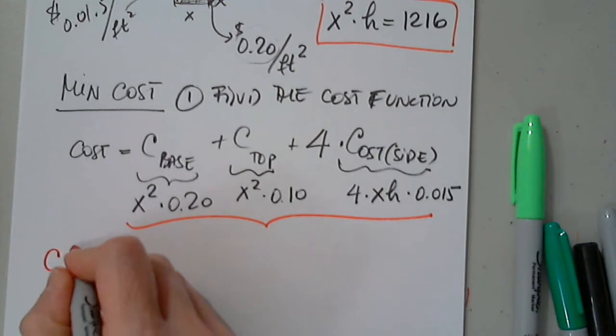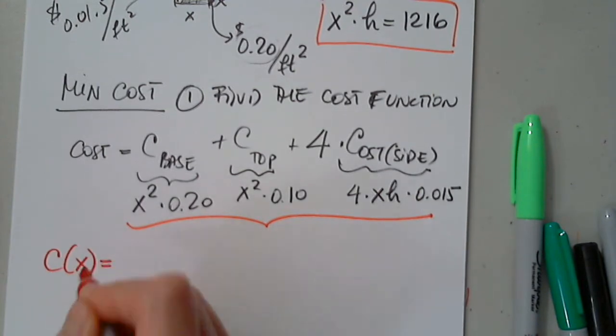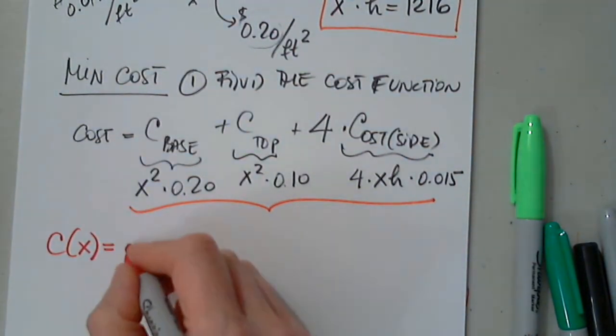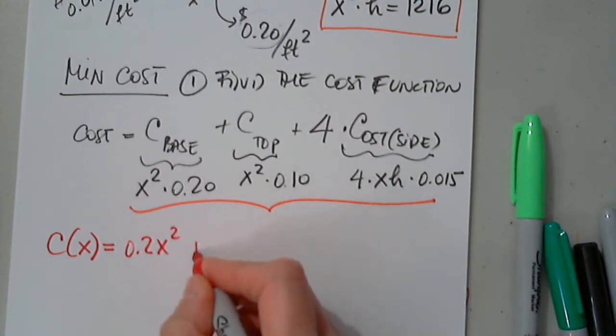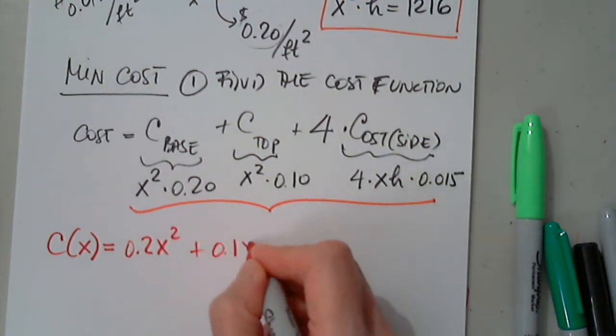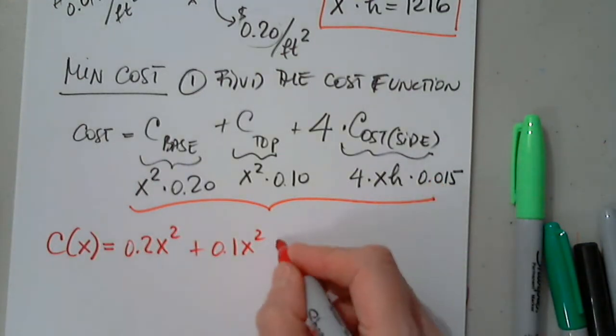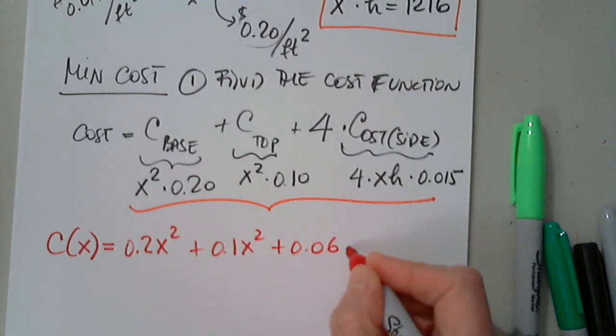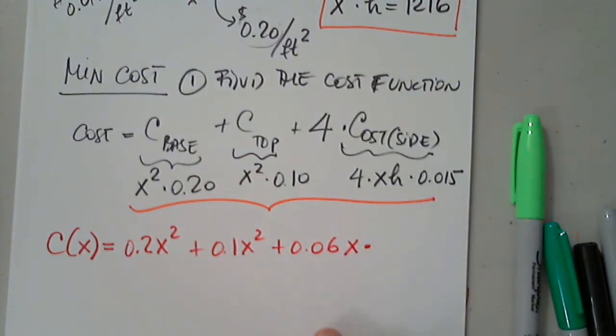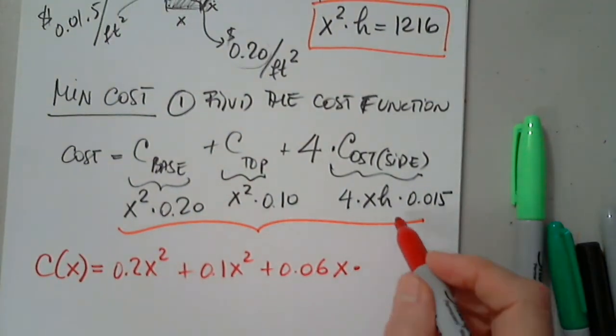So cost function of x. This is clear, 0.2x squared. This is clear, 0.1x squared. This is 4 times this, so 4 times 15 is 60, so 0.06 times x times, I cannot have h.